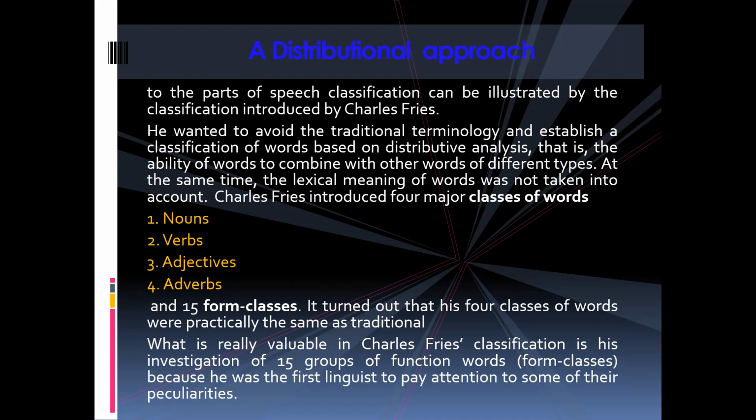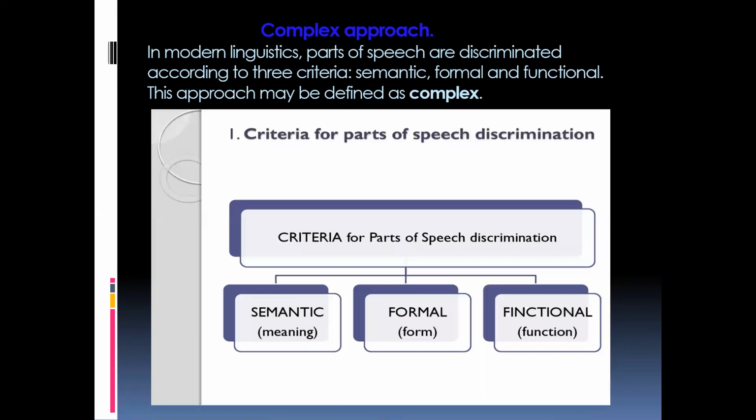Charles Fries introduced 4 major classes of words: nouns, verbs, adjectives, adverbs, and 15 form classes. It turned out that his 4 classes of words were practically the same as the traditional ones. What is really valuable in Charles Fries' classification is his investigation of 15 groups of function words, form classes, because he was the first linguist to pay attention to these other peculiarities.